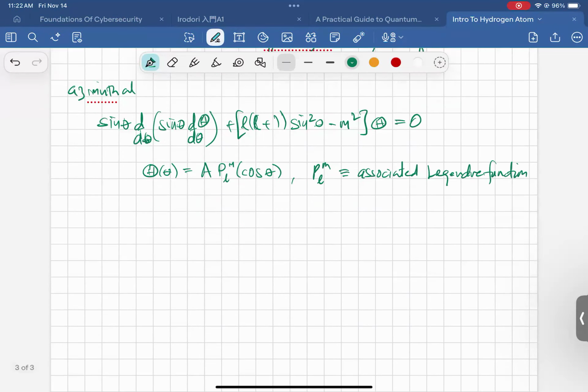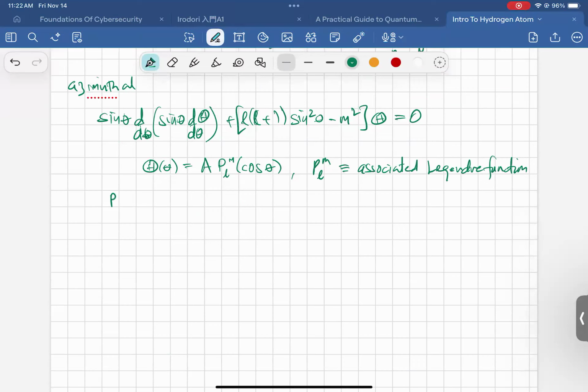Okay, now that is actually written as okay, 1 minus x squared, okay, raised to the absolute value of m over 2 d dx. Okay. M, absolute value ng mth derivative ng PL of x.